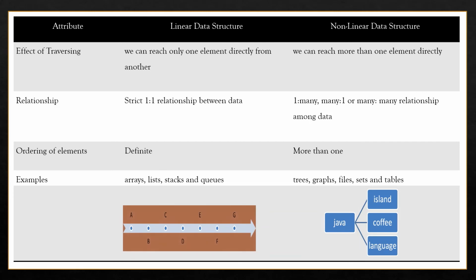Consider an example where we have a linear list. From A, which element can I move to?